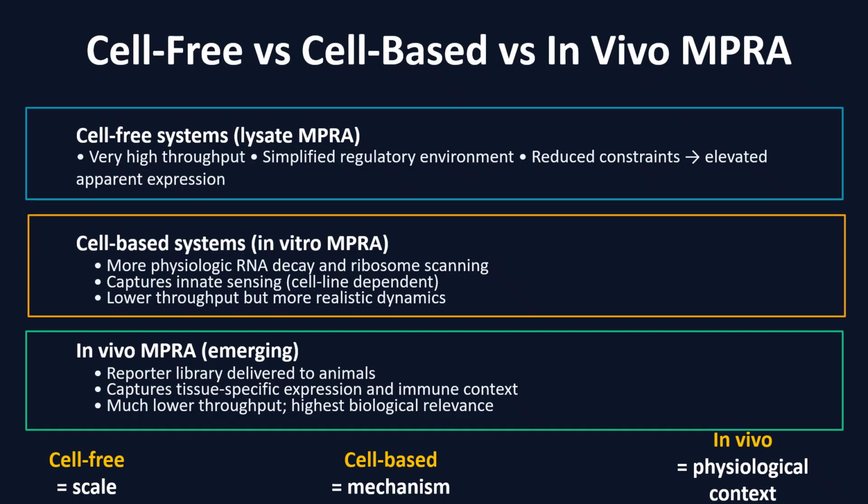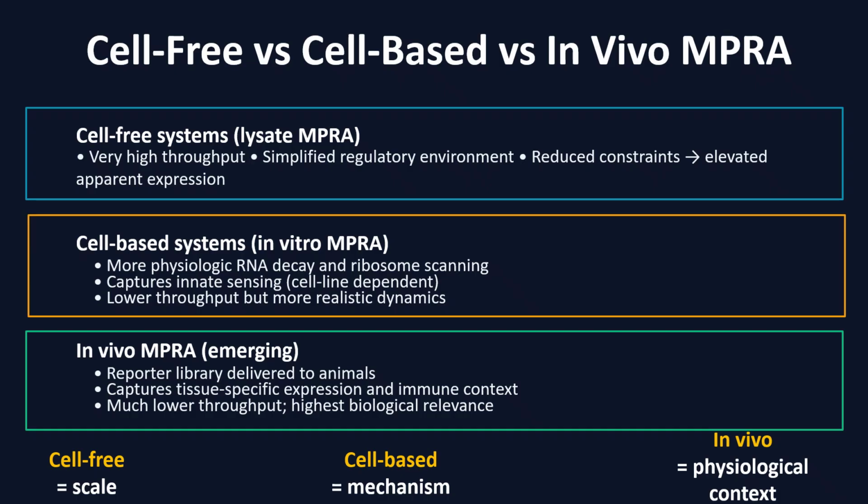So here we can capture cell type specificity, systemic signaling, immune response, and overall organism level regulation. But here, throughput is much lower, right? But biological relevance is highest.